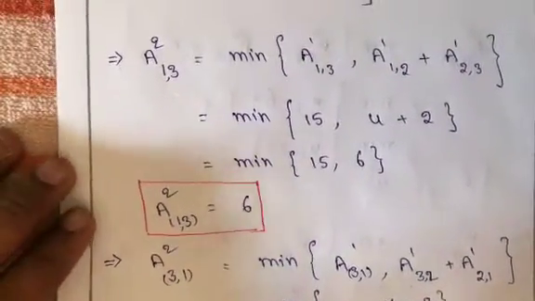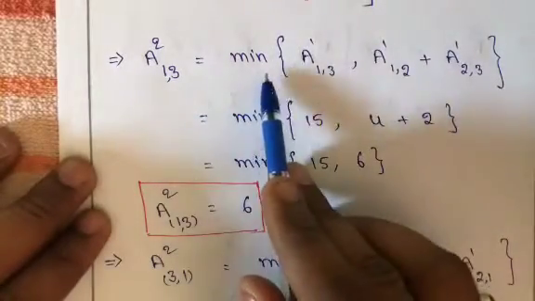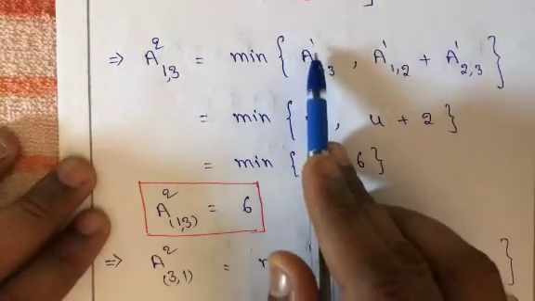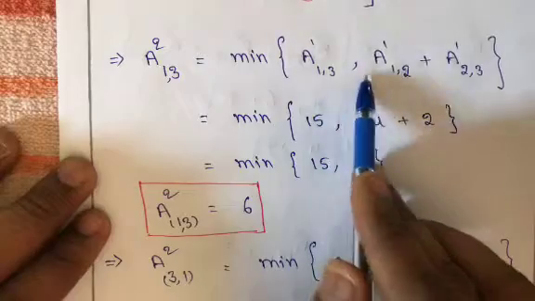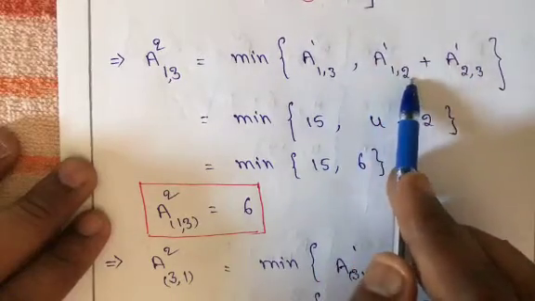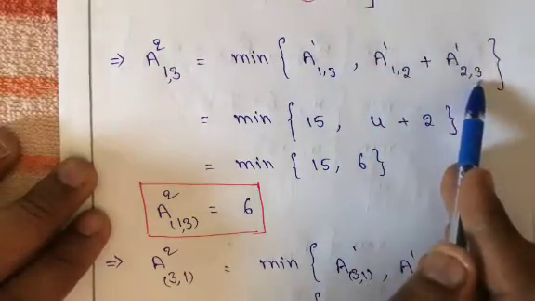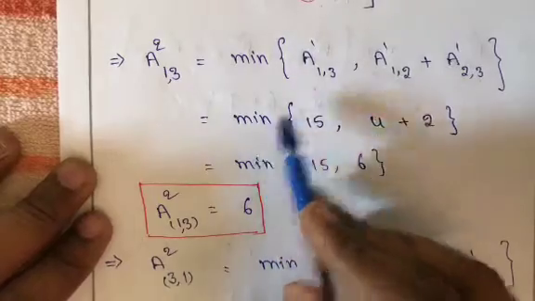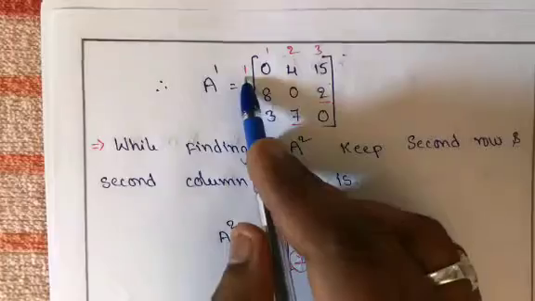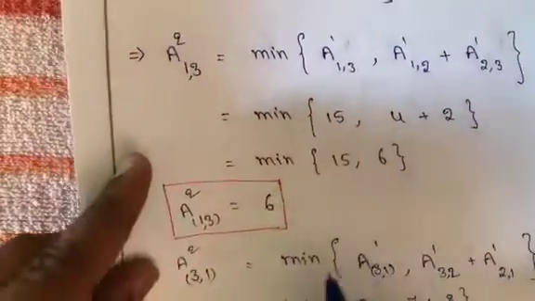So A2 of 1 comma 3 is equal to the minimum of A1 of 1 comma 3, and A1 of 1 comma 2 plus A1 of 2 comma 3. Here A1 of 1 comma 3 is 15.